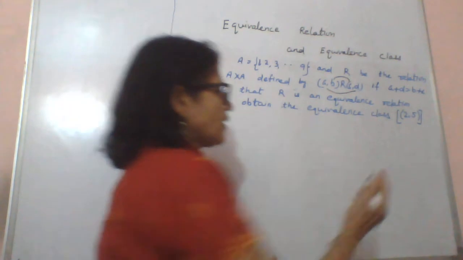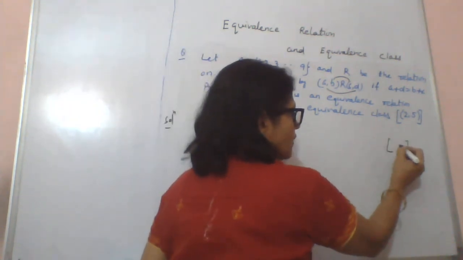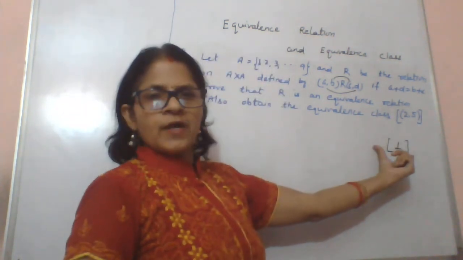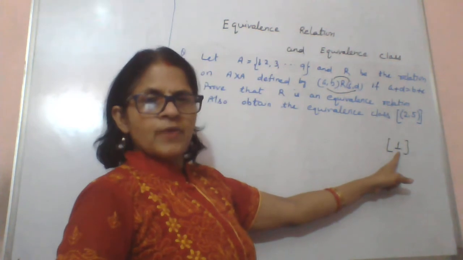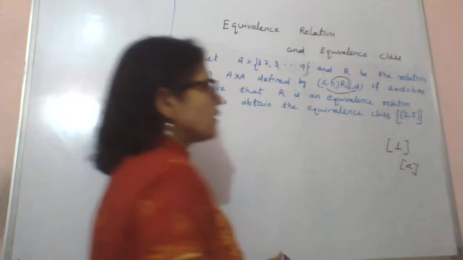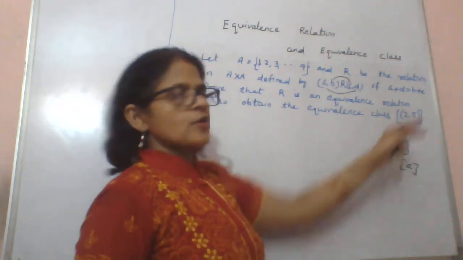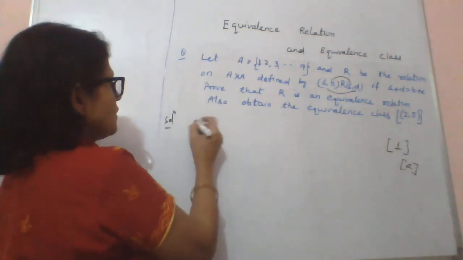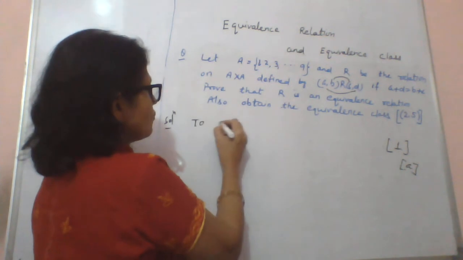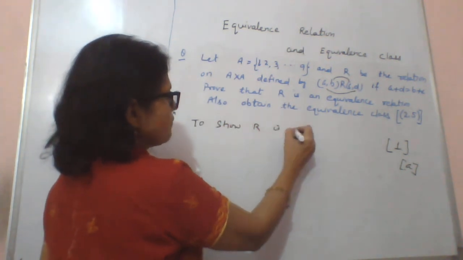Whenever we write an equivalence class, for example the equivalence class of 1, we write it like this: 1 within this bracket. The equivalence class of a we write like this. So here it is an ordered pair, the equivalence class of the ordered pair (2, 5). Now first thing, quickly we will do it, we are running out of time, to show R is reflexive.